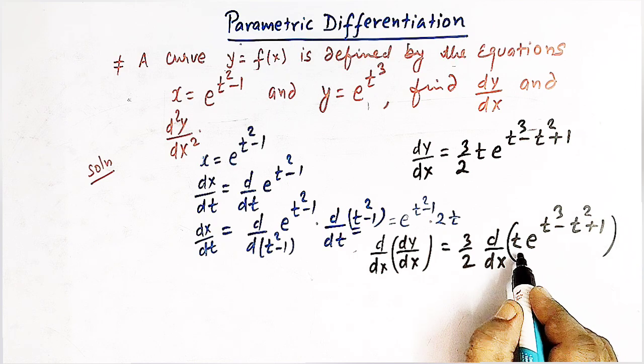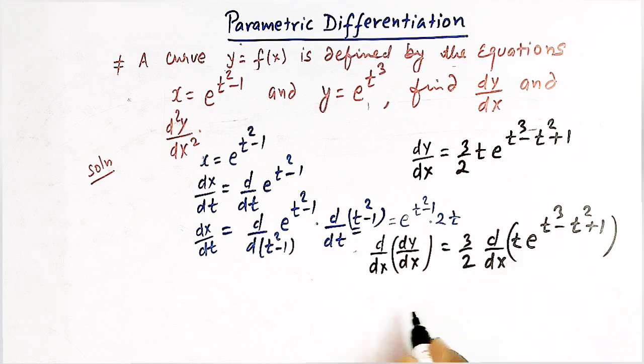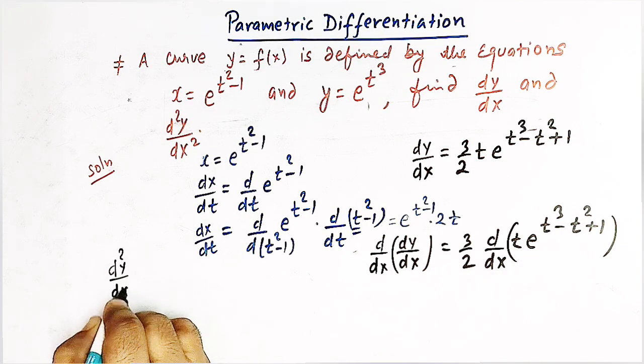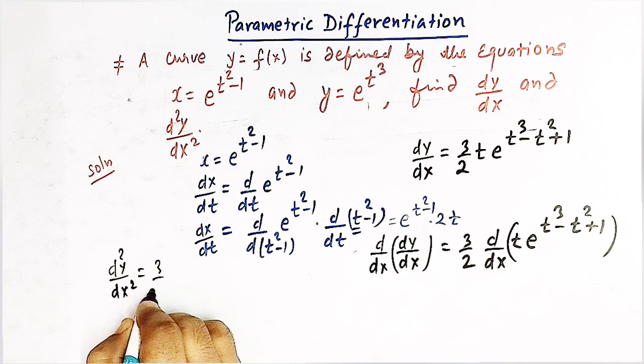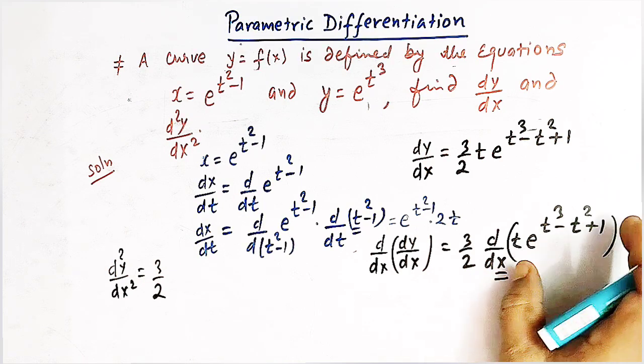And here we can see that we have the product of two functions. So now this is d2y over dx2, and here we have 3 by 2. Now see here we have the function of t.